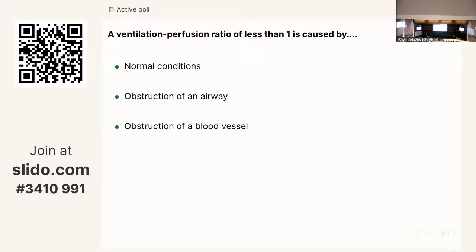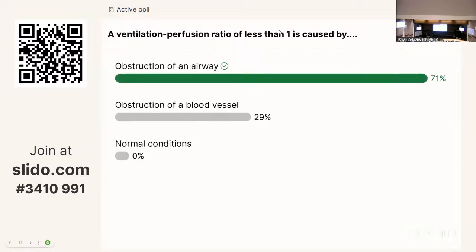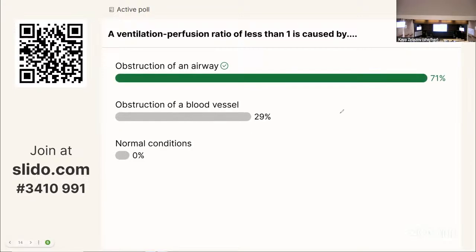Okay, let's take a look. Great. So that ventilation perfusion ratio: ventilation, your breathing, on top, perfusion on the bottom. If we're below 1, that means we're dividing a smaller number by that same larger number, giving us a ventilation perfusion ratio that's lower than 1.